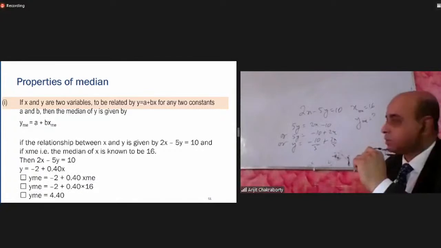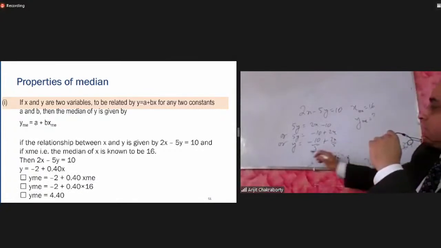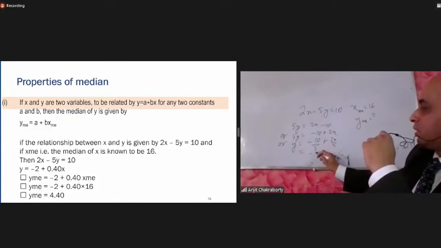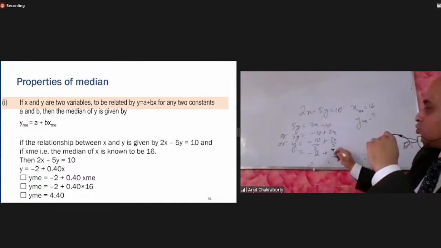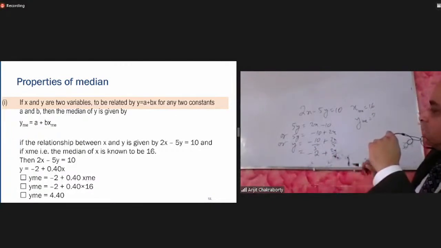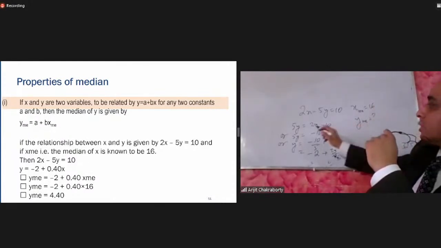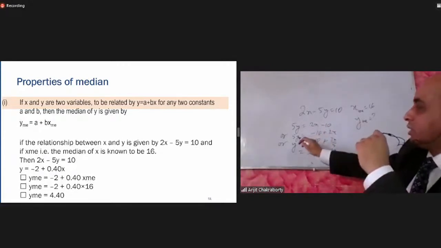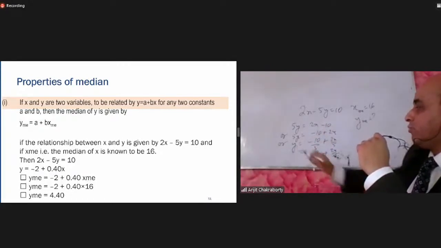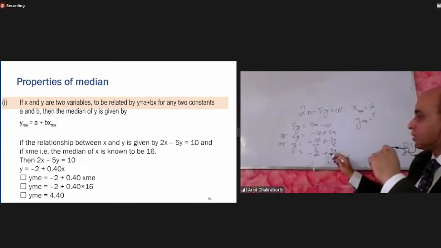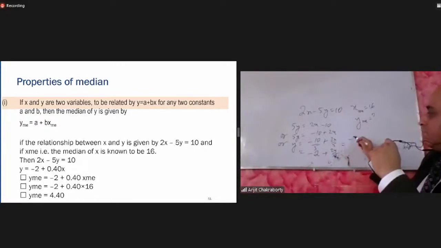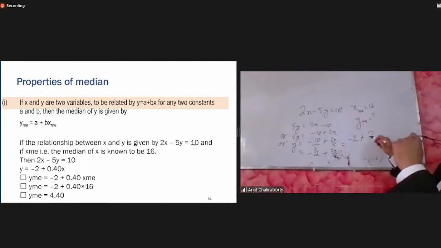Minus 10 by 5 means minus 2, plus 2x by 5. Now we know the median of x is 16. So the median of y is equal to minus 2 plus 2 times the median of x by 5. This gives me minus 2 plus 2 into 16 by 5.